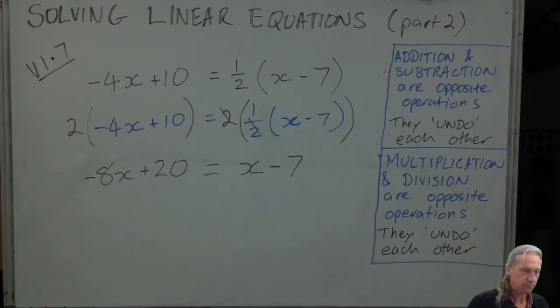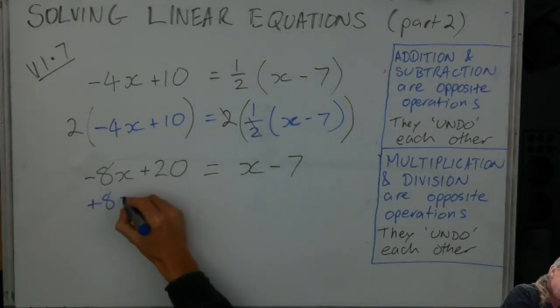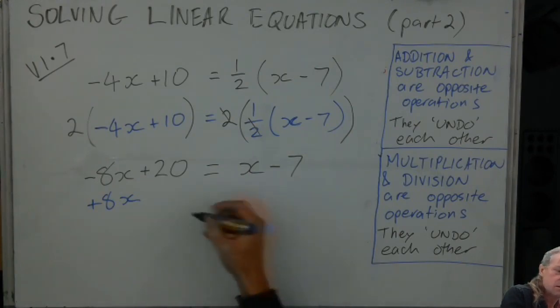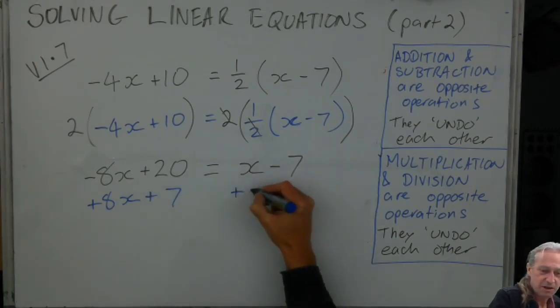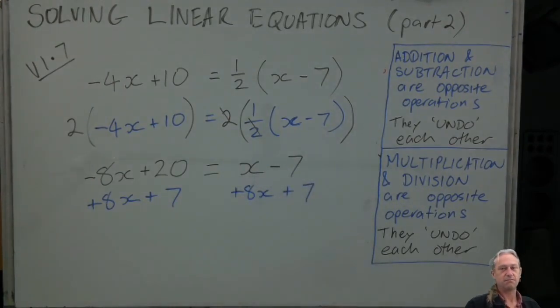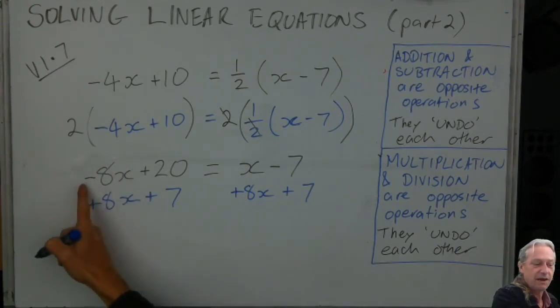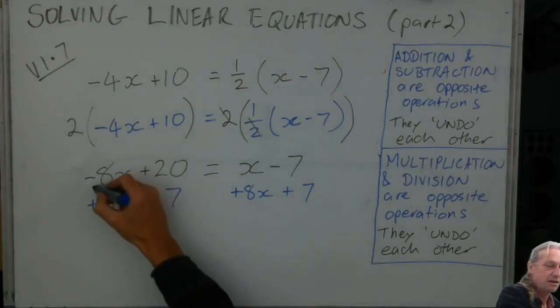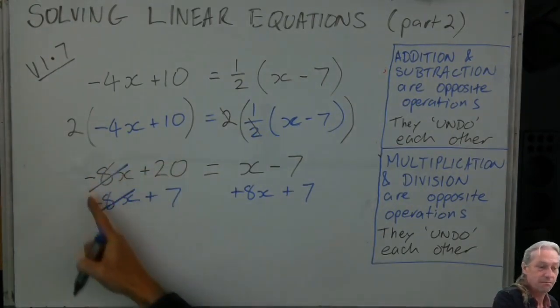So we're going to add 8x and add 7. Same thing on this side, add 8x, add 7. I hope this isn't going too far all at once. So the first thing over here, negative 8x plus 8x, that cancels out, and we end up with nothing.